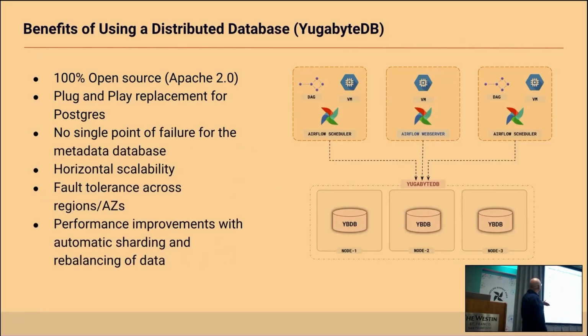Again, to reiterate, it is 100% open source, a plug and play replacement for Postgres, with no single point of failure for your metadata database. You can horizontally scale, you just add new nodes. It will do the automatic sharding and automatic rebalancing, so no need to do anything manually. It will all be done behind the scenes. And you can achieve fault tolerance across regions and AZs.